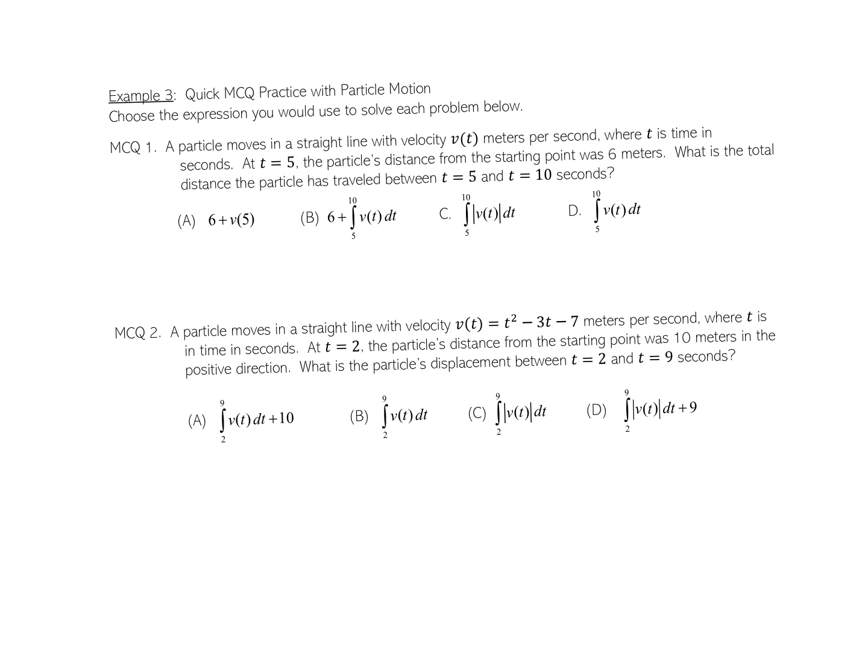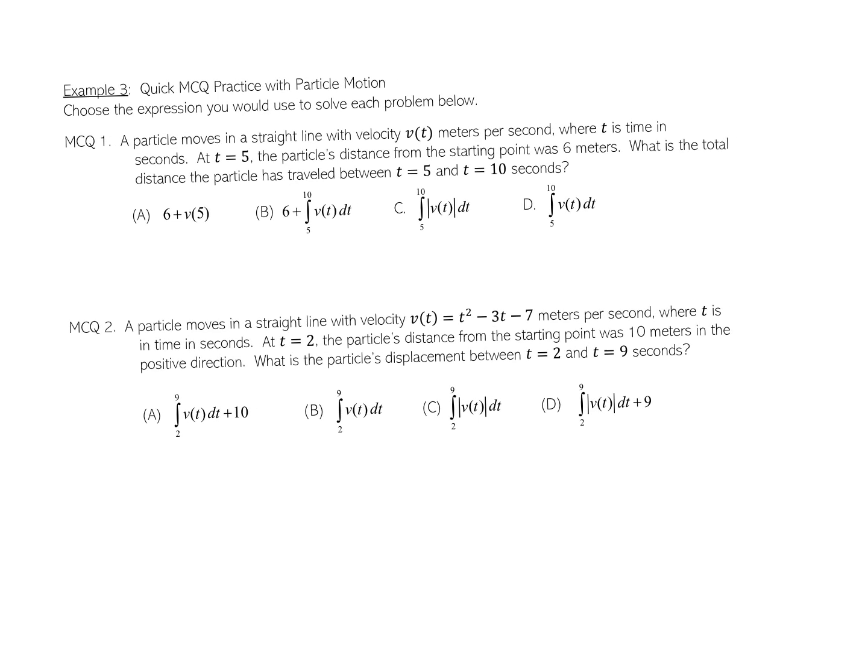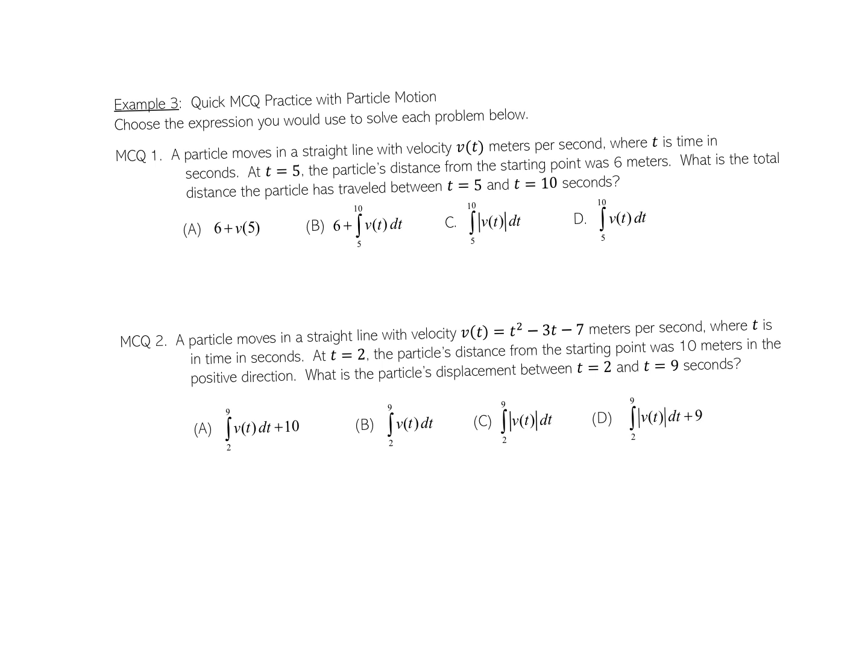It says total distance traveled by a particle over time interval AB is the integral from A to B of the absolute value of v of t dt. They're giving you something to think about when they have the starting point of 6 meters, but that has nothing to do with right now. So the correct answer would be C.